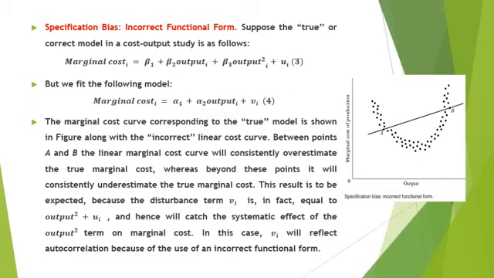This result is to be expected because the disturbance term vi in the linear model is in fact equal to output squared plus ui, and hence vi includes the systematic effect of the output squared term on marginal cost. In this case, the disturbance term vi will reflect autocorrelation because of the use of an incorrect functional form.